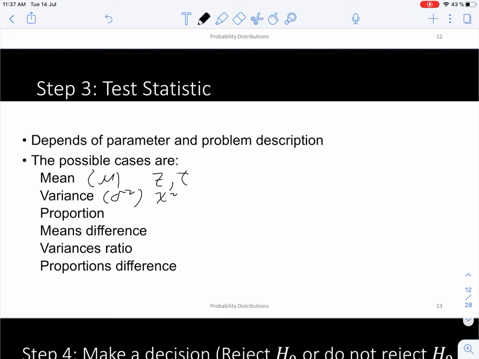Sampling distributions, right? Proportion, we can use binomial or z. Means difference, z or t. Variance ratio, we use Fisher. Proportion difference, we use z if the conditions are satisfied. So this is important. We need the test statistics in order to find probabilities, in order to find whether we should accept or reject.